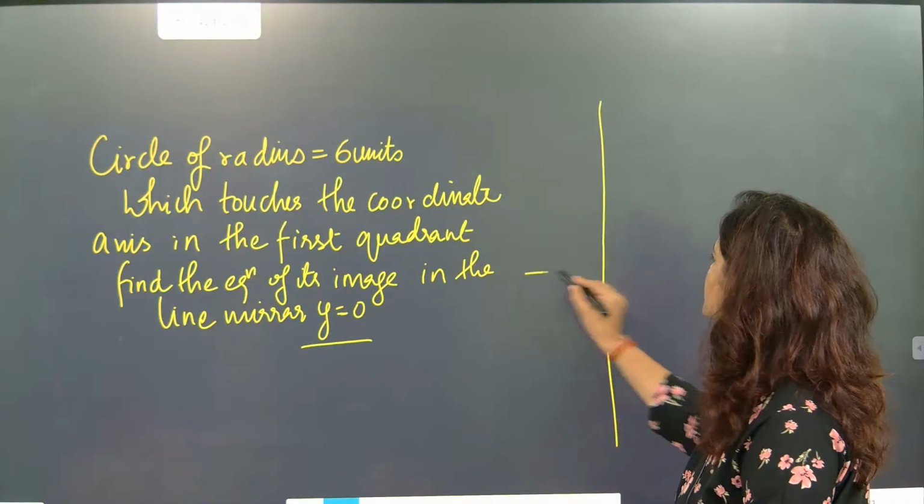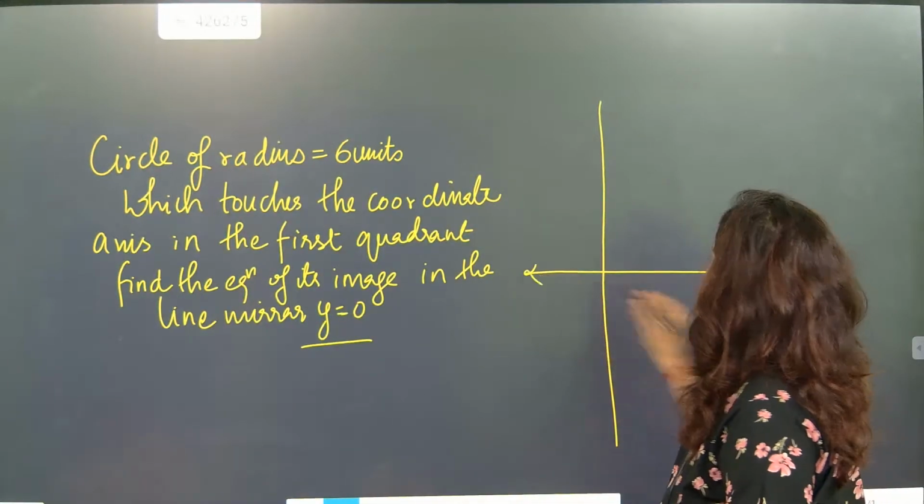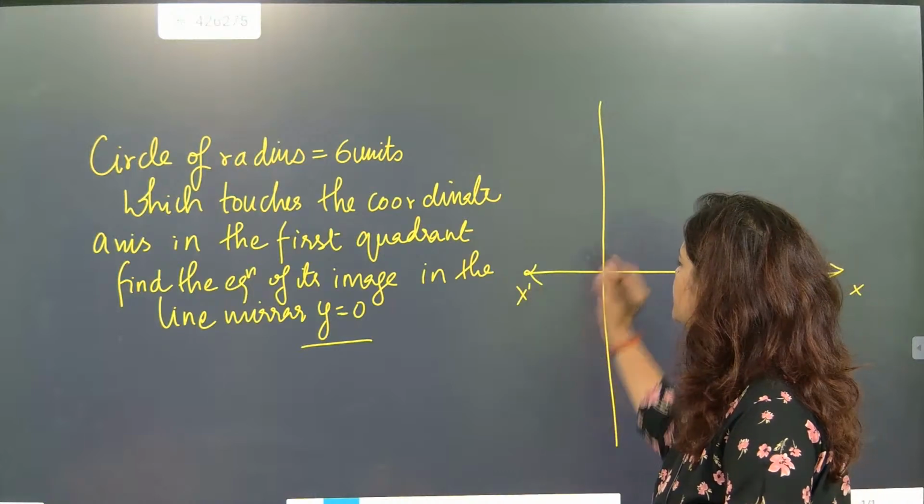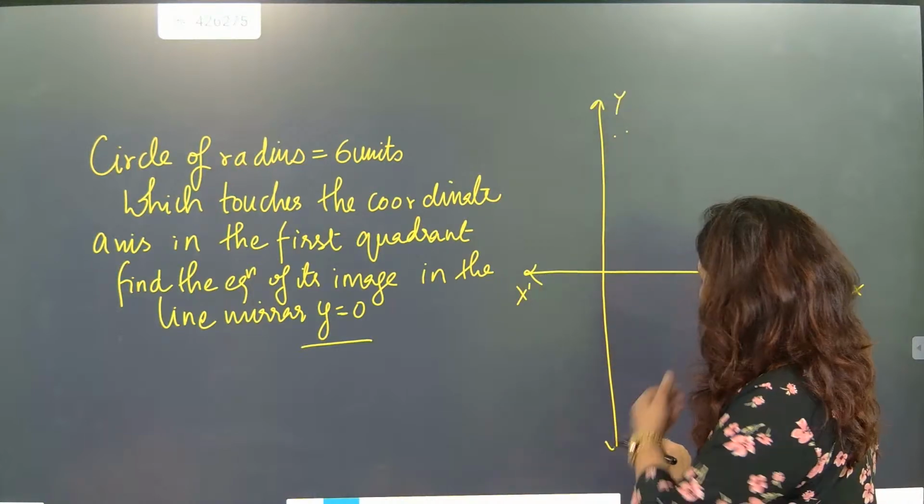So this is the axes: this is x, this is x dash, this is y and this is y dash, beta.